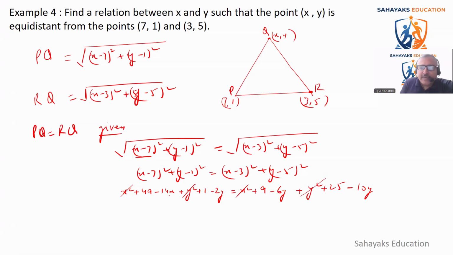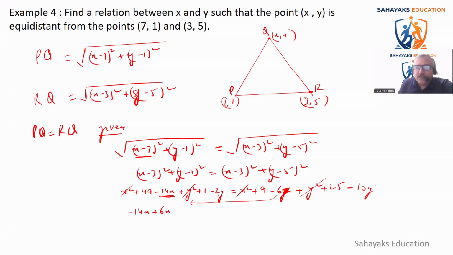Now I'll put the values of x on one side and y on one side together. This is minus 14x. And where is x here? Oh, sorry, this is x. What am I doing? X minus 6x. So this is minus 6x. I just move it this side, so it becomes plus 6. So it becomes minus 14x plus 6x.